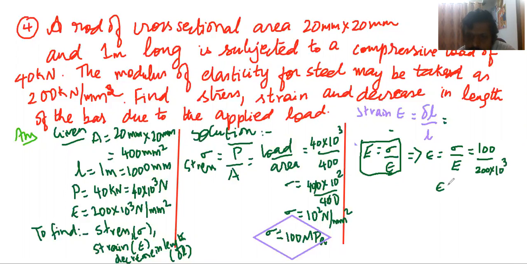So epsilon is 1 by 2, which is 0.5 into 10 power minus 3. It has no units. That is your strain.